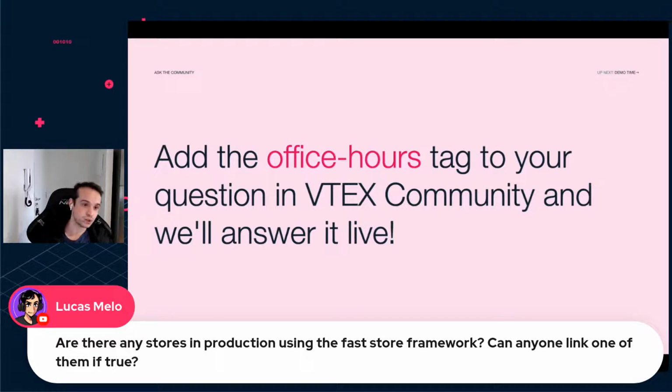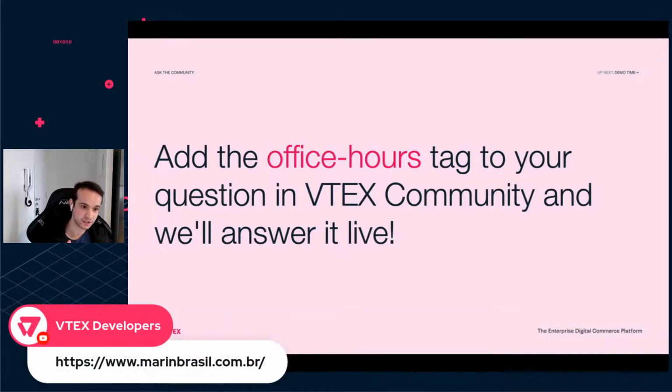Yes, we do. We do have some stores in production, and we have quite a few in development. Off the top of my head, the ones that are live and in production right now that you can check are Marim Brazil. We also have Avon, which is kind of big, and we have Carrefour. Carrefour is like a split.